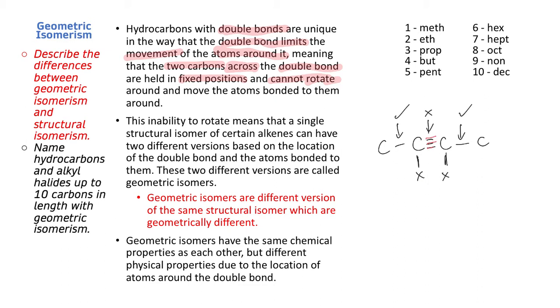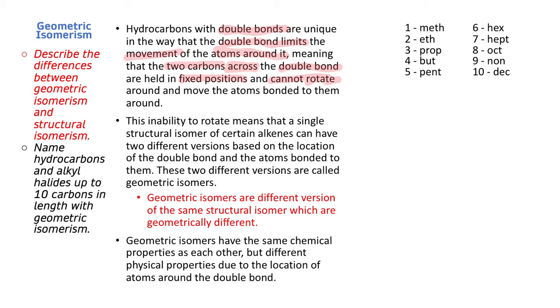There'd be 1, 2, 3, 4, and you wouldn't be able to have another one over here, right? So alkynes also can't rotate, but it doesn't matter because there's not enough stuff to bond there, and therefore they can't really have geometric isomerism either.